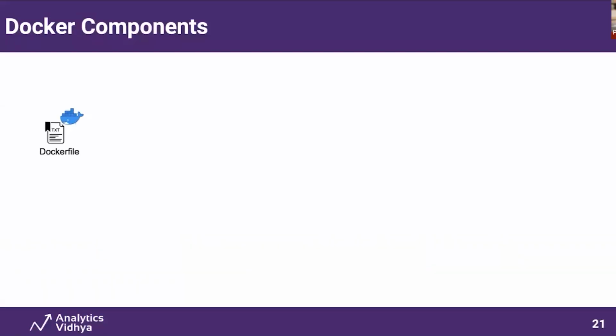Like I said, the Dockerfile is the starting element in Docker. From the Dockerfile, you lead up to something known as a Docker image. A Docker image is essentially a blueprint for your application. In the Docker image, you specify what you need.